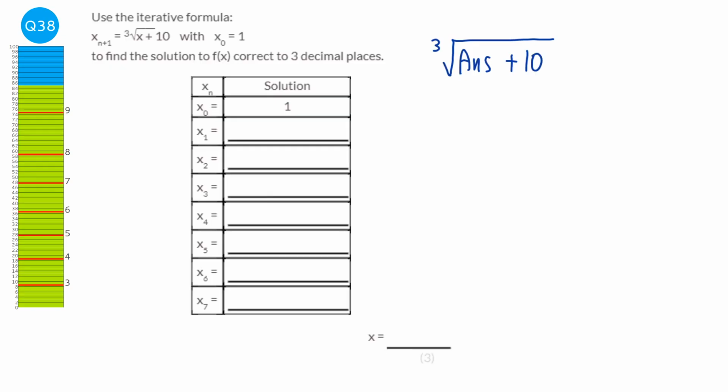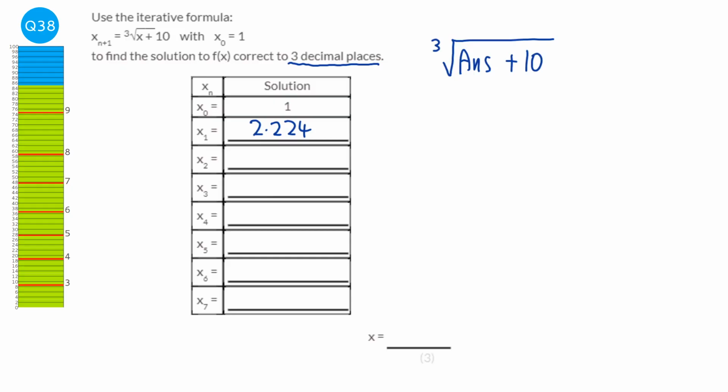So if we press equals, we get 2.22398... Because we're looking for 3 decimal places, that will be 2.224. Then all we need to do now is press equals again, because instead of using the 1, it will use the 2.223980091, etc. as the answer.